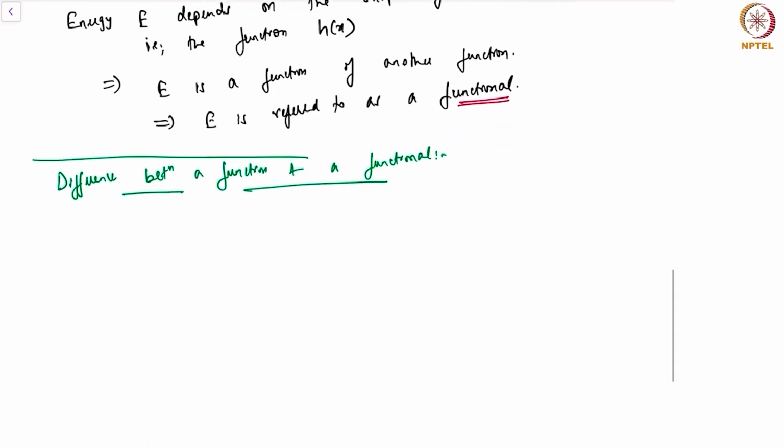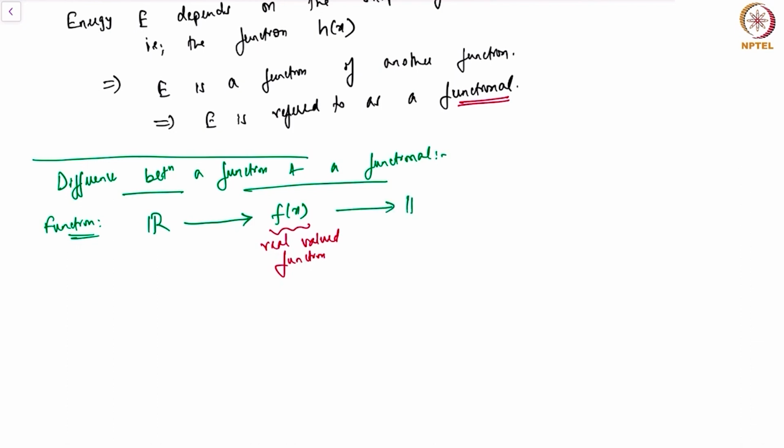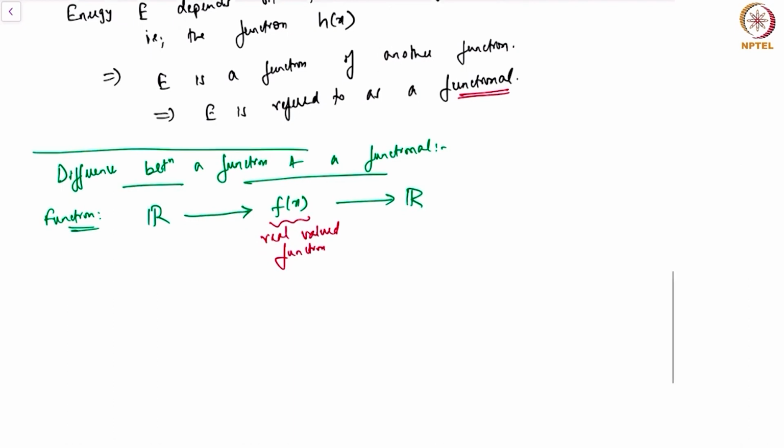So very simply put, think about a function as a quantity where, if you consider the definition very broadly, if I give a real number, let's say a real valued function f of x, what's the output of this function? The output of this function will be another real number. So I give an input as a real number, the output will be a real number.